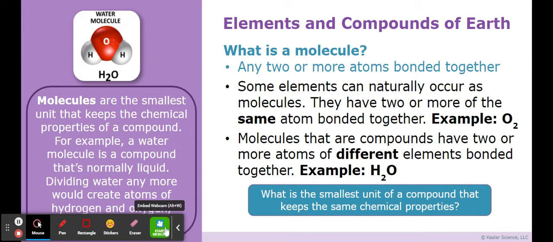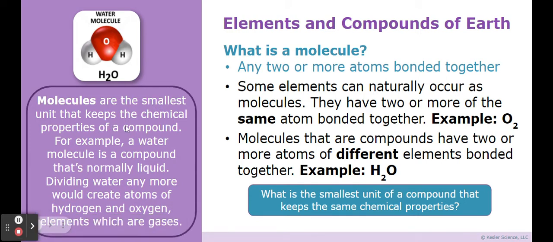A molecule is the smallest unit that keeps the chemical properties of that compound. And so if you break down H2O any further, you no longer have water. So that's what that means. Molecules are the unit that keeps the chemical properties of that compound. And so here we have a water molecule that would also be a compound.